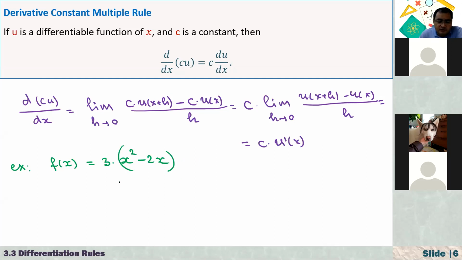So how do you differentiate this? Then f prime of x, and the whole thing is multiplied by 3. I can just keep this 3 here and differentiate this function. The derivative of x squared is equal to 2x. The derivative of 2x is equal to 2. So now I can simplify this, take this 2 out. So that's equal to 6 times (x minus 1).